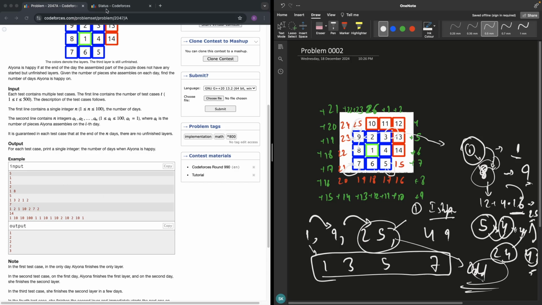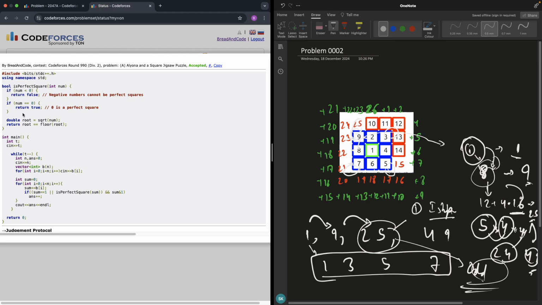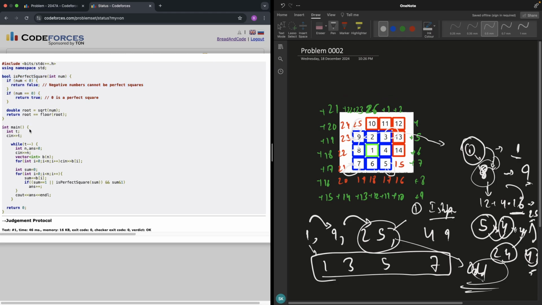I will show you my code. What I have done is that I have written a function is perfect square, and here I'm taking n days as integers, and also taking the sum of blocks that C is going to place.